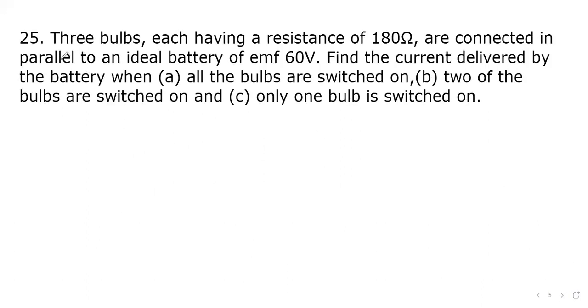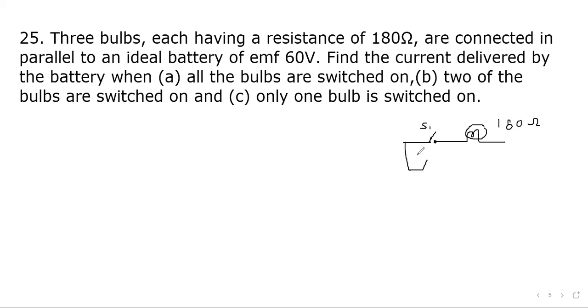Question number 25. Three bulbs each having a resistance of 180 ohm are connected in parallel to an ideal battery of 60 volt. Find the current delivered by the battery when all the three bulbs are switched on, when two bulbs are switched on, and when only one bulb is switched on. The cases can be discussed by drawing the diagram. So the diagram is: first bulb, this is switch S1, and its resistance is 180 ohm.